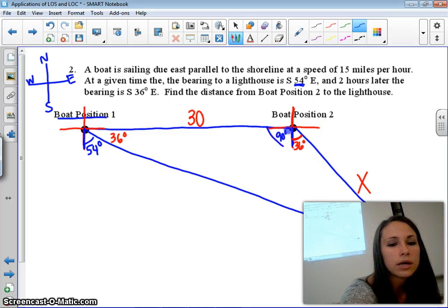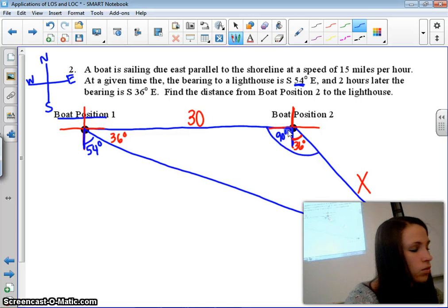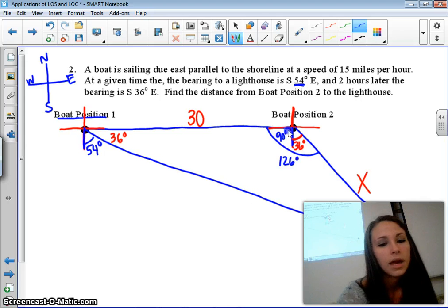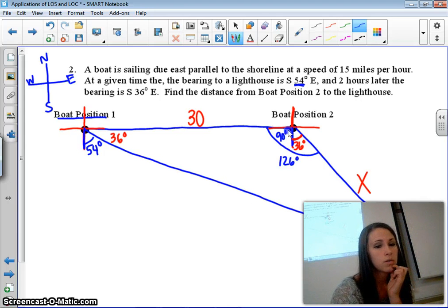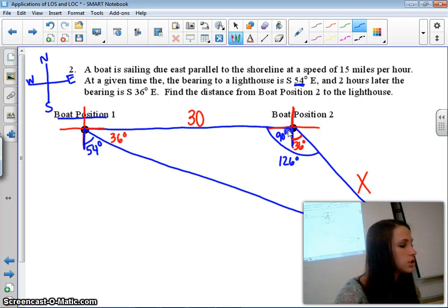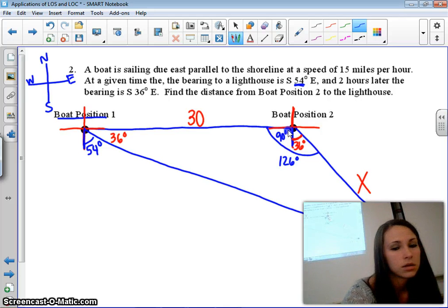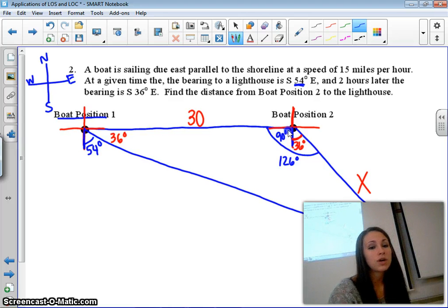And so that whole angle right here is going to give me 126. And so then, since I've got 2 other angles, I can go find that third angle by just subtracting from 180. So that's going to end up giving me, will it be 28 or 18? 18. Good. Alright, so we've got all of the angles there.